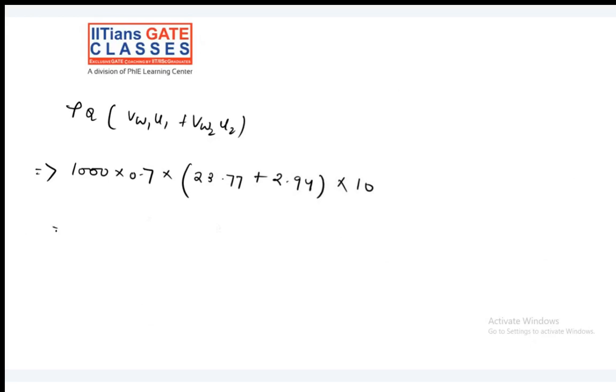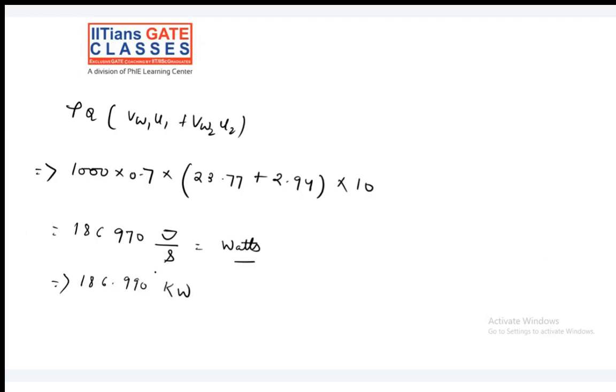So when we solve this one, we get 186,970 joule per second. So this is in watts. In order to convert it into kilowatt, we divide it by 1000, depending upon the unit asked of us. So this is this much kilowatt.